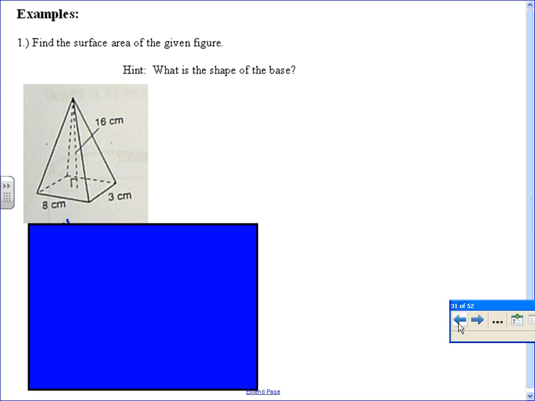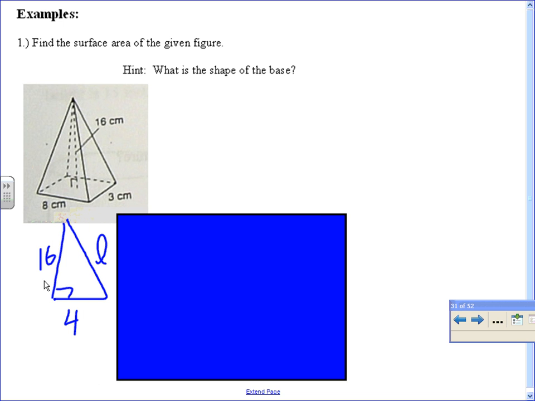Okay, Charles, I'll tell you. This is an 8, this is a 3, this is a 16. To find the slant? I would use the 8 and the 16. Yeah, use the 8 and the 16. So your triangle for this one, use this.